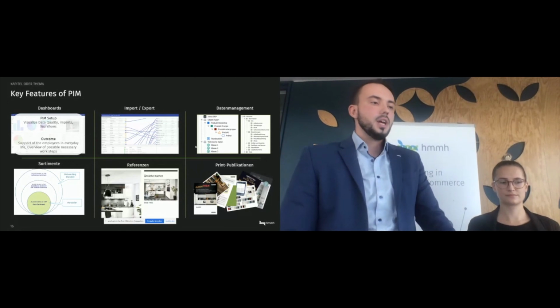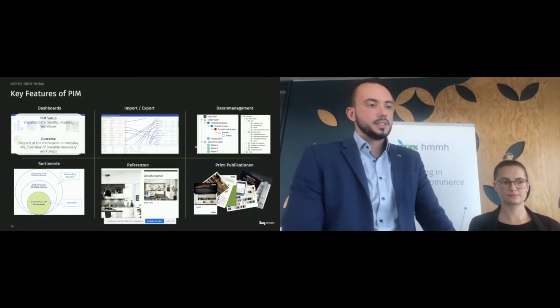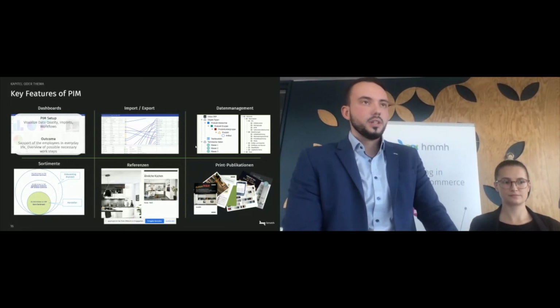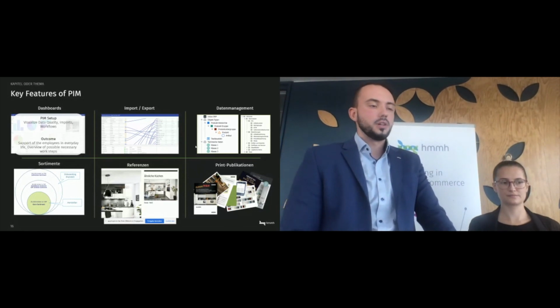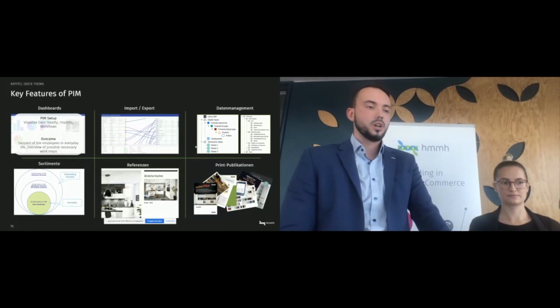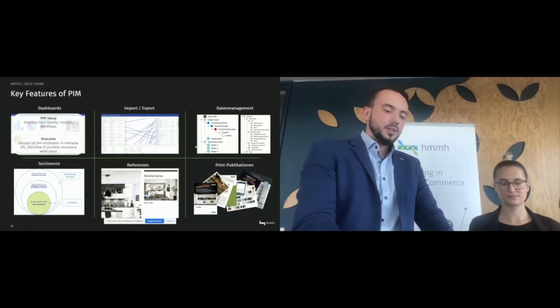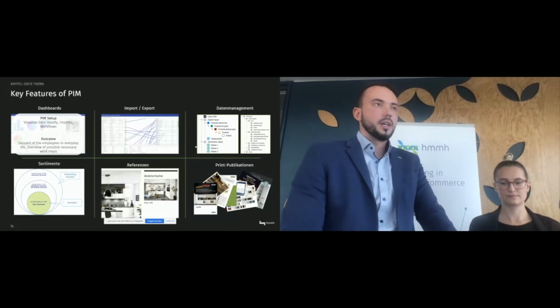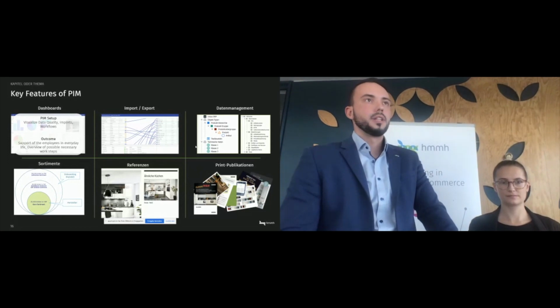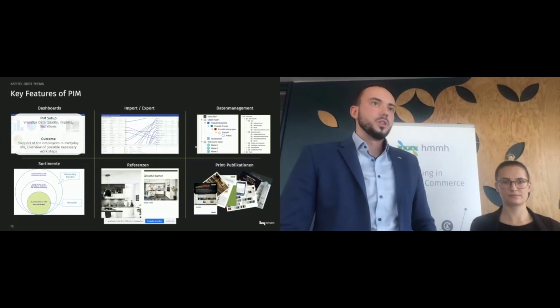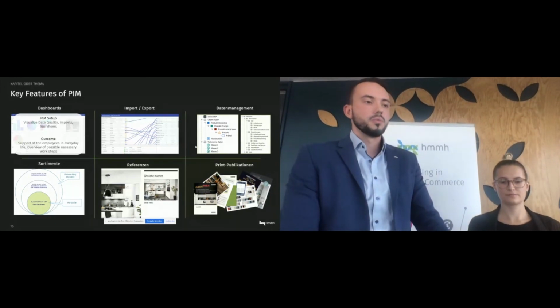This visualization supports the employees of a company in their everyday work. So this is what I mean by talking about a strategy which has all the stakeholders on product data on board.